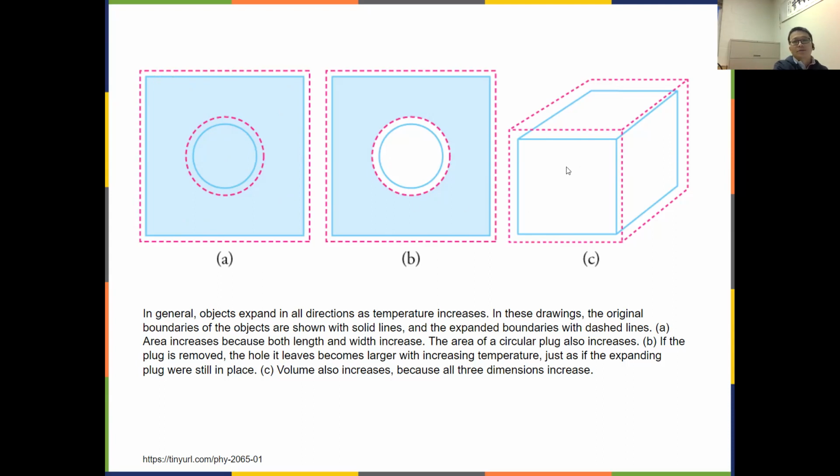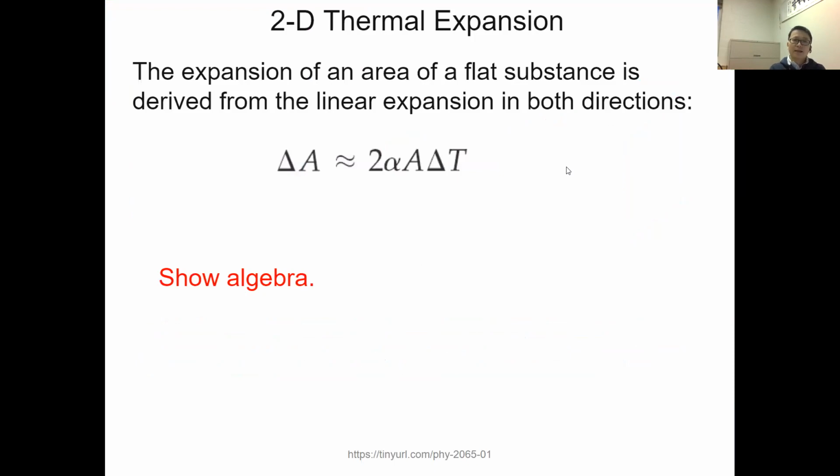Let's take the two-dimensional expansion as an example, and then predict what will happen for three dimensions. This is the result: for two-dimensional expansion, the increase in area, delta A, is approximately twice the linear expansion coefficient times the original area times delta T, the change in temperature.